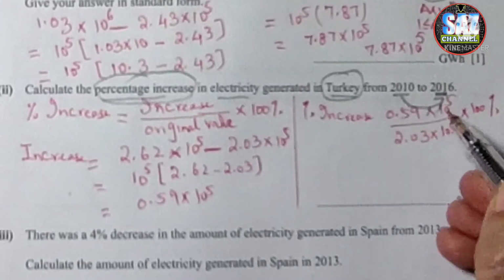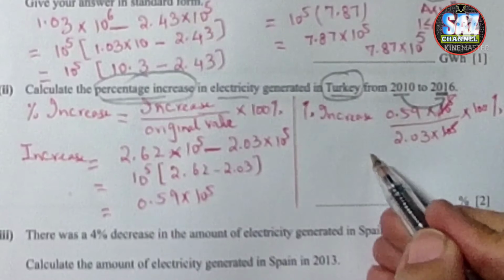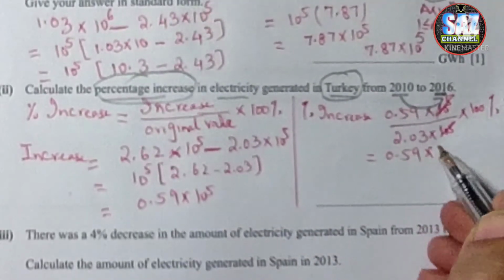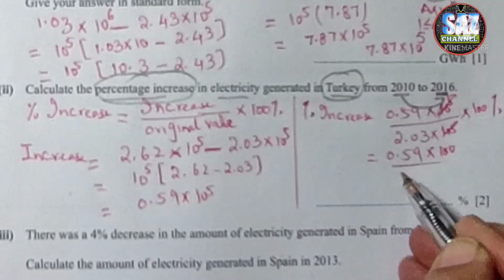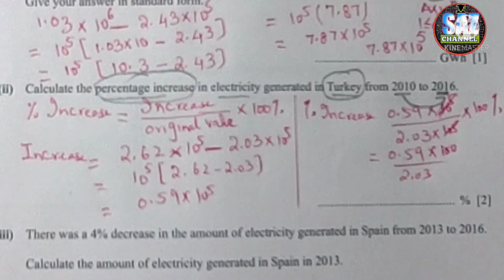Now we can simply cancel these two numbers, and I will be left with 0.59 multiplied by 100 divided by 2.03.